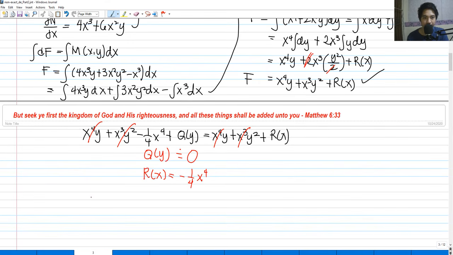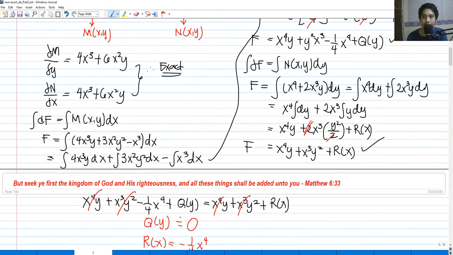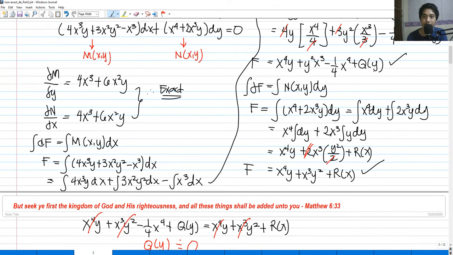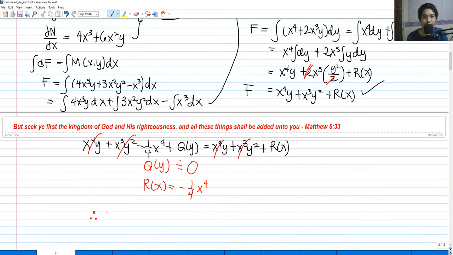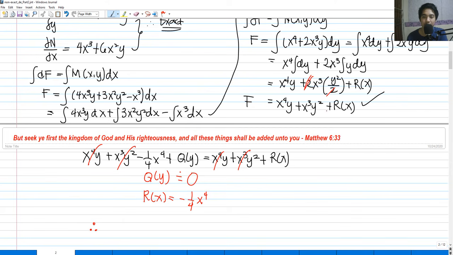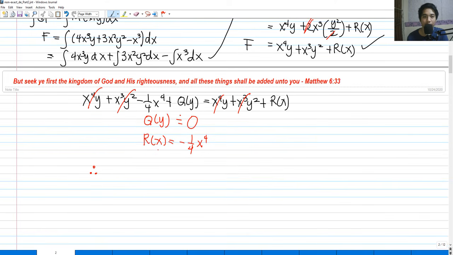So therefore, our answer can be drawn from this f, provided that we have the plus q of y, or this f, provided that we write the plus r of x. Since q of y is 0, the answer is this. Although we can also use this, provided that we add the r of x, which is negative 1/4 x raised to 4.